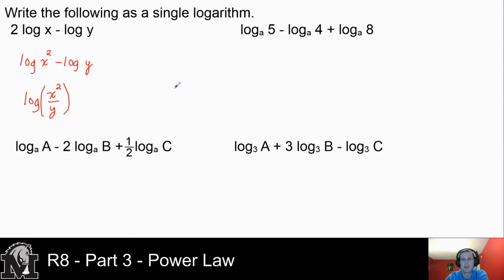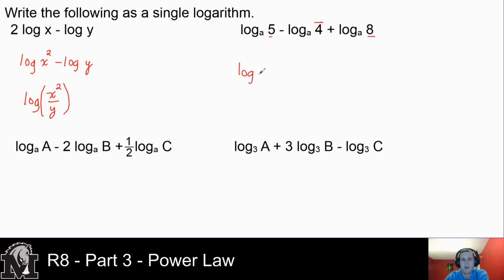Feel free to pause the video and try these next ones on your own. So I see no coefficients to any logarithm, so there's no power law here, but we have a quotient law and a product law. So any logarithm that is positive ends up in the numerator, and any logarithm that's negative, its argument ends up in the denominator.